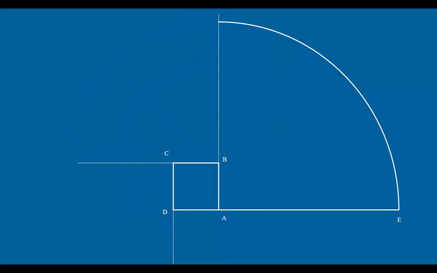Now at this point you will be left with only 2 times the side. With C as center and 2 times the side as radius, you draw another arc. You will be left with only one side's length. So with D as center and this as radius, you draw another arc. Like this, you get the involute of a square.